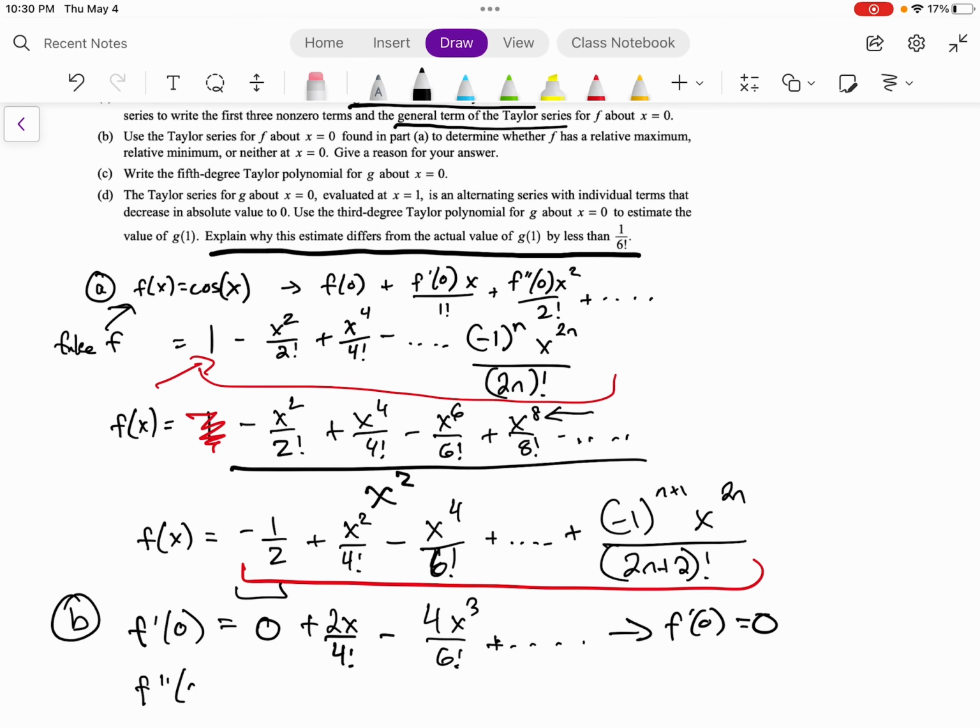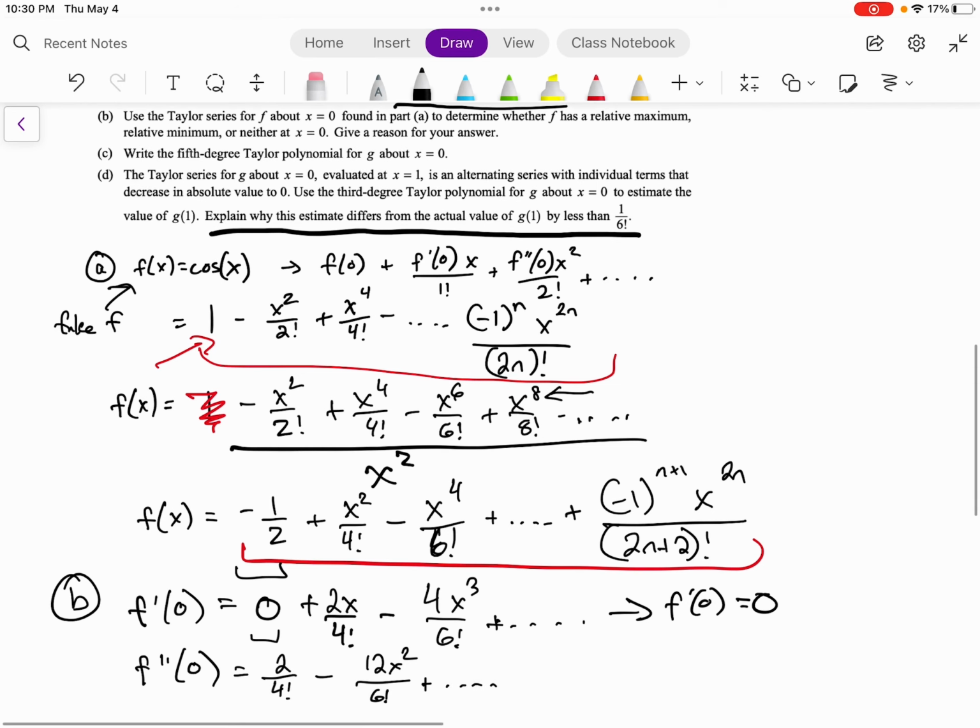What about f double prime? Well, this is the first derivative, and the second derivative of this thing would be, this first guy would be 0, this first term would be 2 over 4 factorial, then I would get 12x squared over 6 factorial plus dot dot dot. All of these have an x in there, so they would all be 0 at 0.